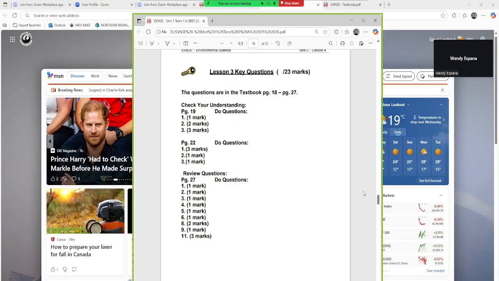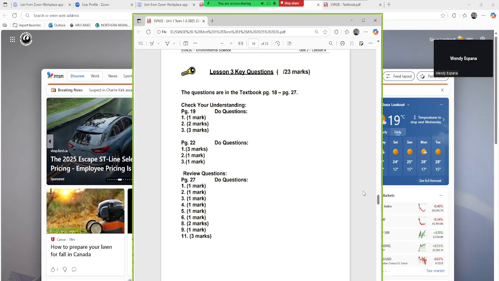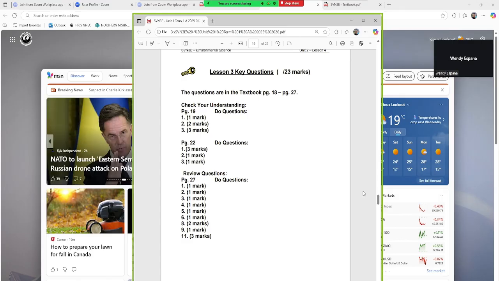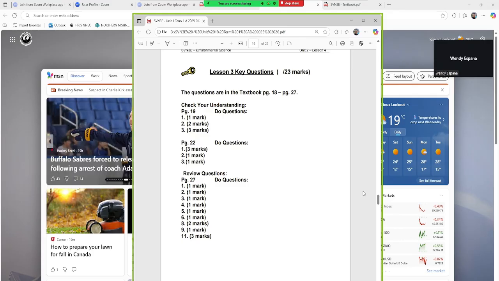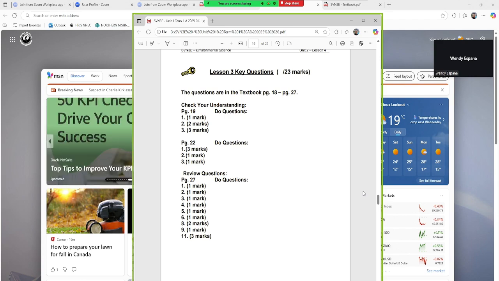And then when you're starting the questions, if your first questions are on page 19, the check your understanding ones, we already went over those ones, you would write page 19, question number 1. Also at the top of every page that you're doing questions, you should put your name, and then the page number and question number.